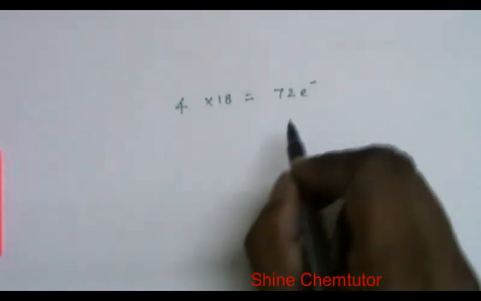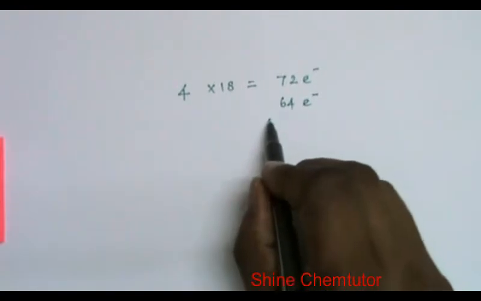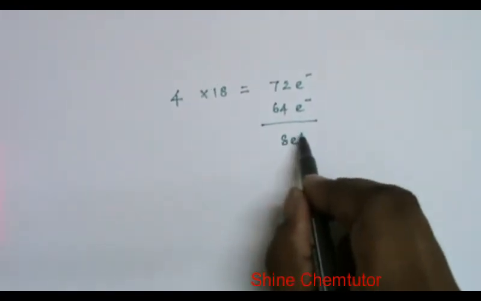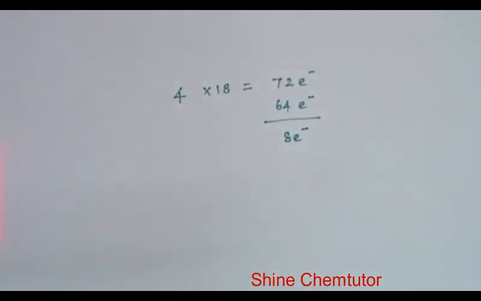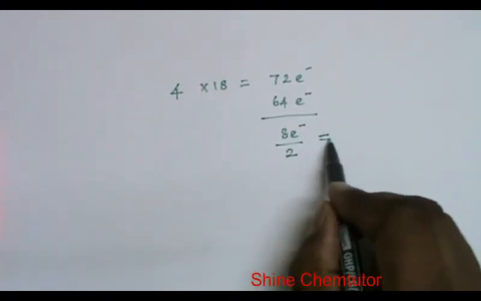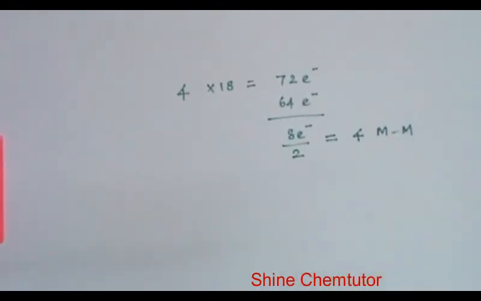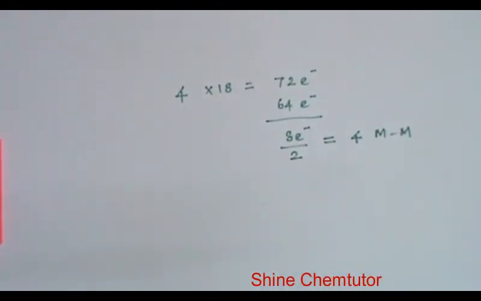But whatever we have got is only 64. The difference is 8 electrons. These 8 electrons divided by 2, we get 4 metal-metal bonds. So the number of metal-metal bonds in this complex is 4.